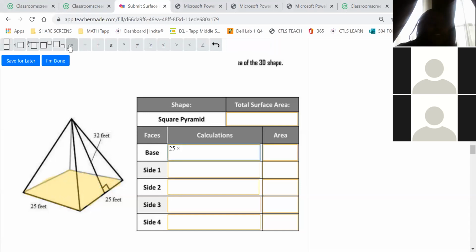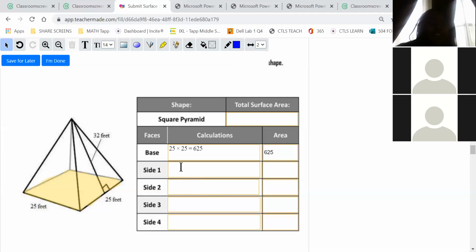And again, it's 25 times 25. And you can pop that into the calculator and you will see that it's 625. So the area of my base is 625. So now let's go to a side.